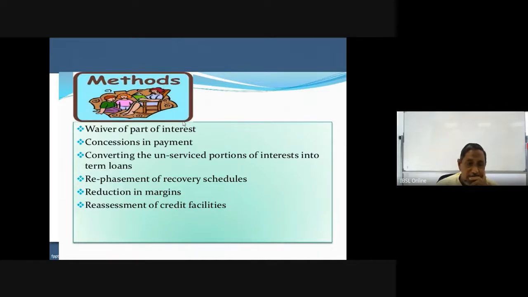First, to give this credit facility to the customer, we have borrowed depositors' funds. For the depositors, we have already paid the interest. Therefore, we have already incurred a cost.